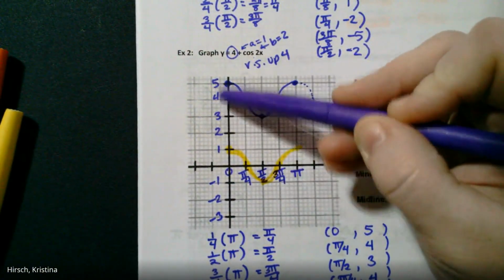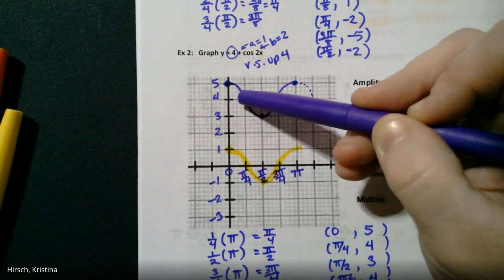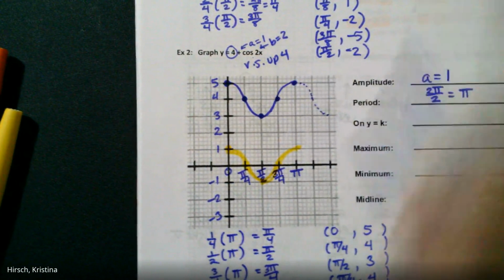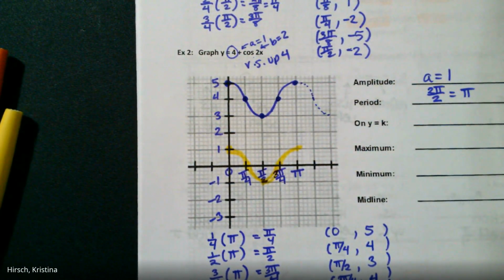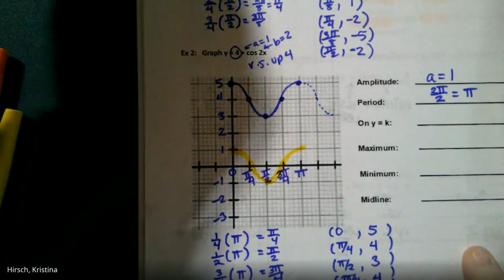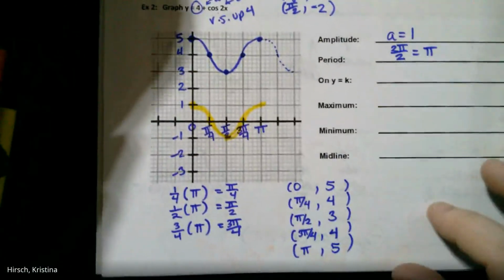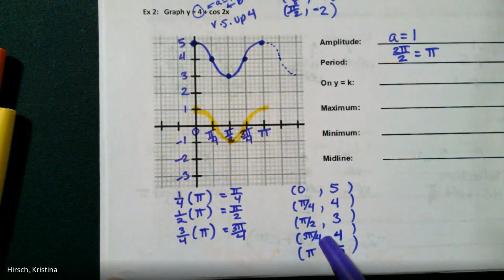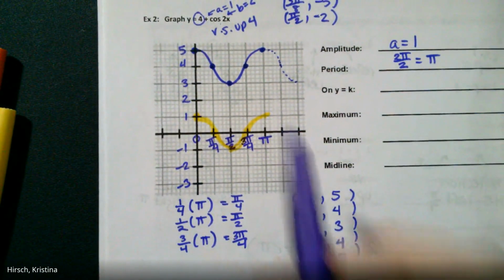I'd go 1, 2, 3, 4, plot a point, and repeat for each point. Okay. So that's what you could do. Again, do I need to see this yellow graph on your paper? No, I do not, because I already know that most of y'all are going to be a little bit more reliant on your calculator. Okay. All right. So forget the yellow graph.